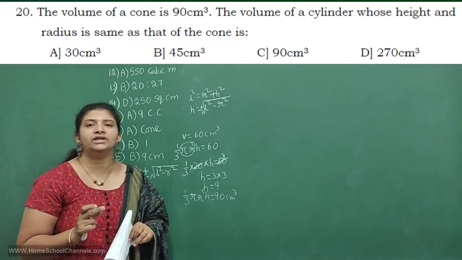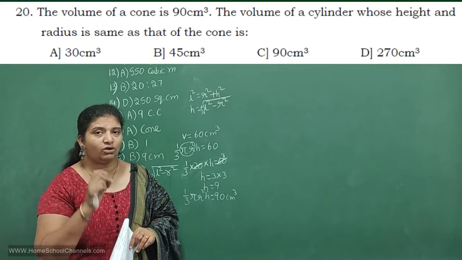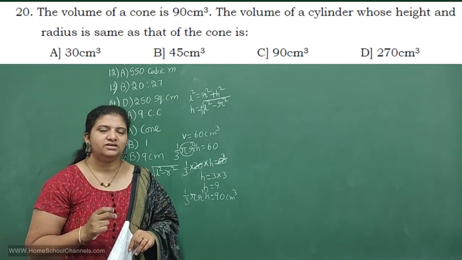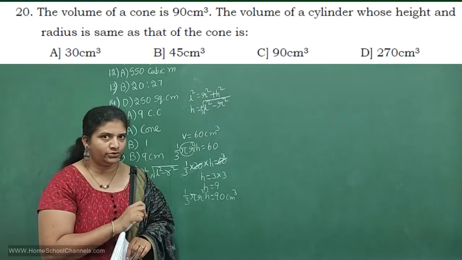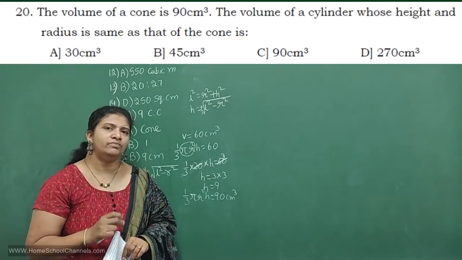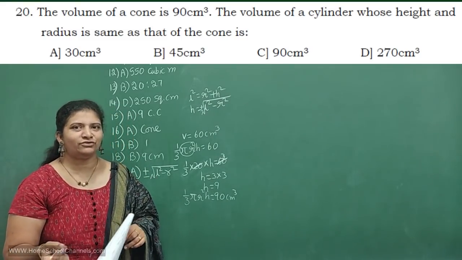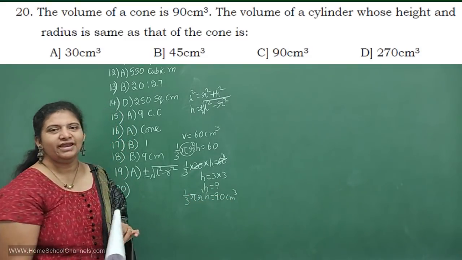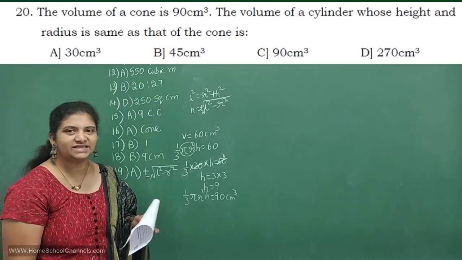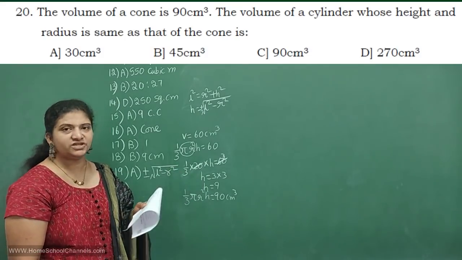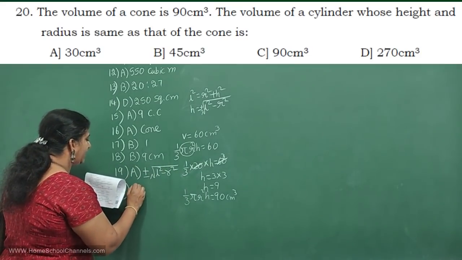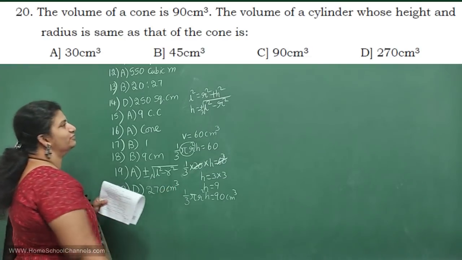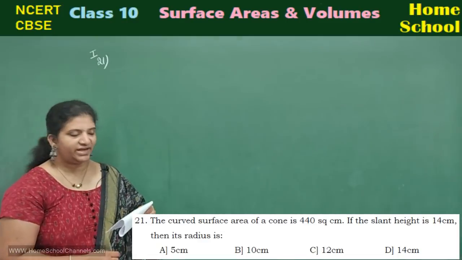See here, you should know the relationship between the cylinder and cone. Cone is always 1/3 of a cylinder. Suppose you know the cone volume, then what is the cylinder volume? Cone volume into 3 will give you the cylinder volume. That means 90 into 3, that will be 270 centimeter cube. See the option which is the right answer. Option D, 270 centimeter cube.